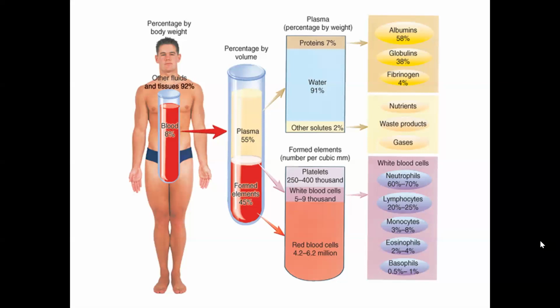For example, if somebody has a very high number of lymphocytes, the normal value of lymphocytes is supposed to be 20% to 25%, and it's found to be like 80%. And the total count of white blood cells in the body is about 5 to 10,000, as indicated here.